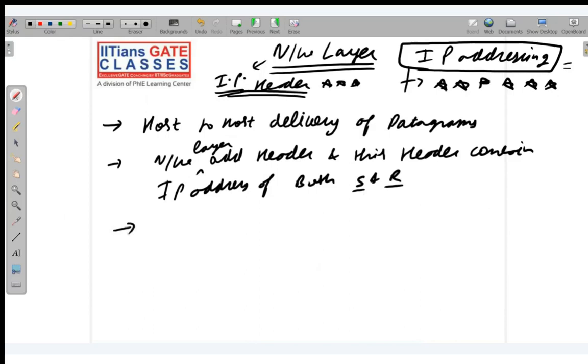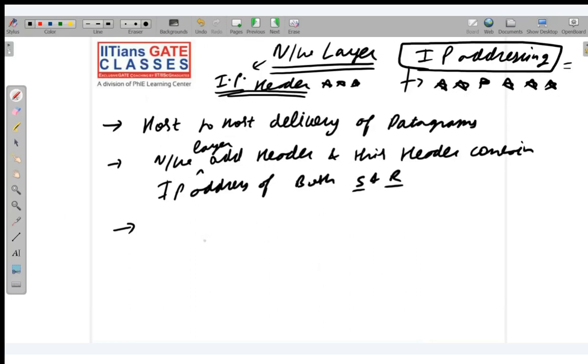Next, I think you already know, each computer connected to the internet has two addresses. I have told you, physical address as well as logical address. Physical address is your MAC address, which I have told you just now in Ethernet, and logical address is your IP address, which we are going to study now.